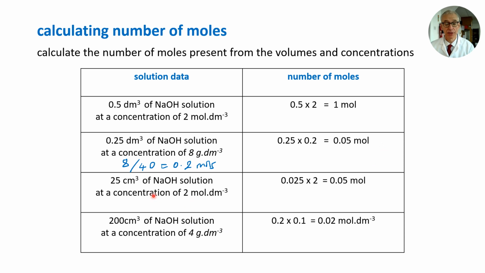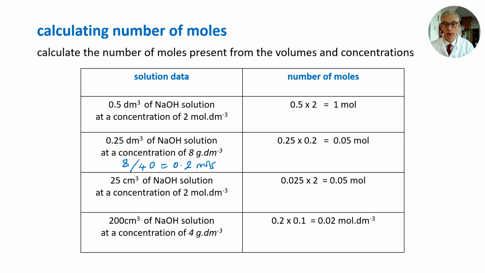Over here, third problem, 25 centimeters cubed at 2 moles per decimeter cubed, so no problem with the concentration. The volume though has to be converted to decimeters cubed. So 25 centimeters cubed is 0.025 dm cubed. So that gives us our number of moles. And then finally 200 centimeters cubed of sodium hydroxide, so that's 0.2 decimeters cubed.